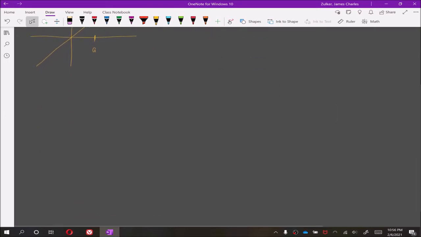What if we now examine a function like this? Again, let's call this point A. Let's say this is L here, and let's call this down here M. Now again, f of A is undefined.